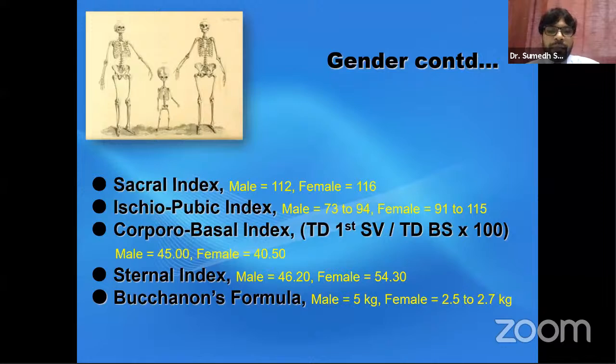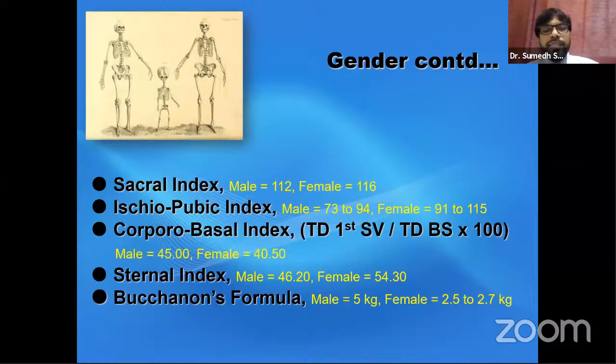The sacral index is the maximum transverse diameter, including the sacral promontory, as the base, and from the sacral promontory superior to the fifth sacral vertebra, that forms the length. So that is the ratio multiplied by 100.